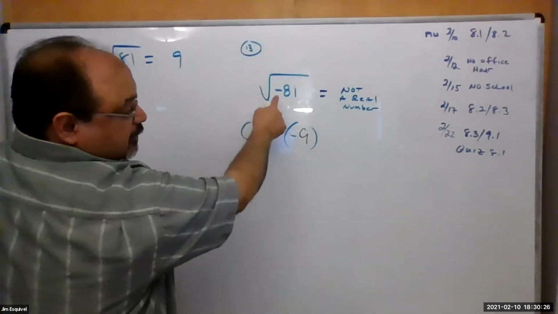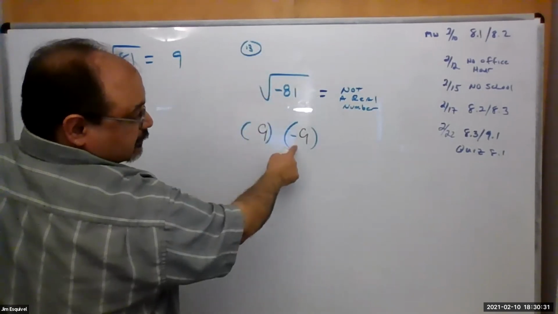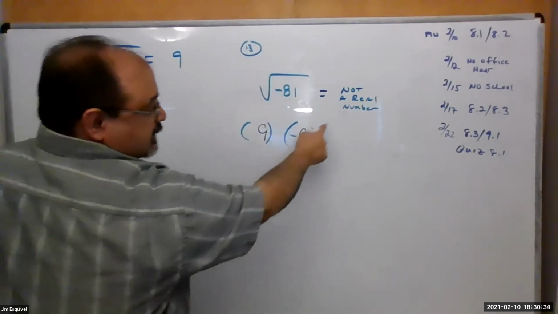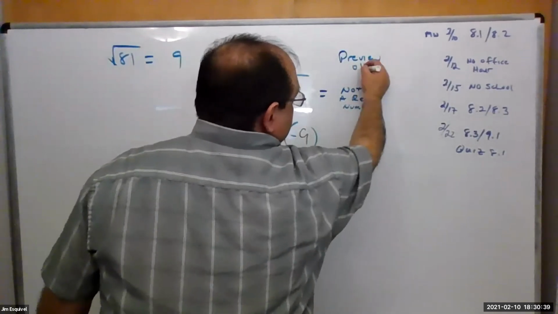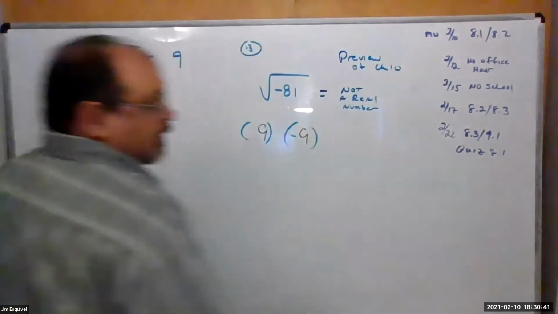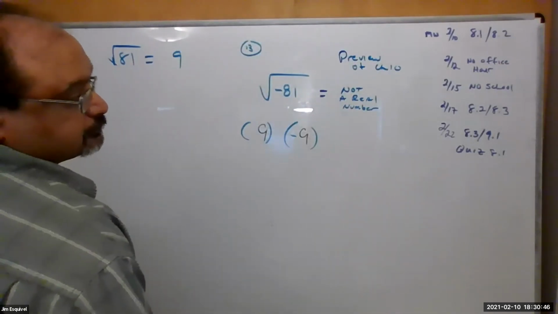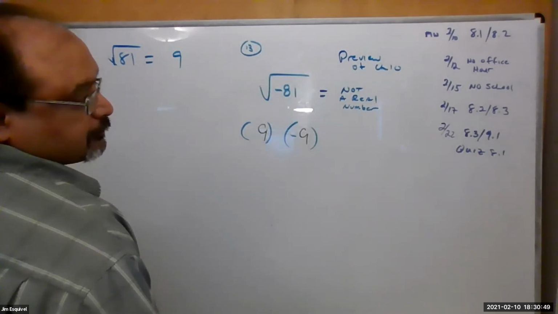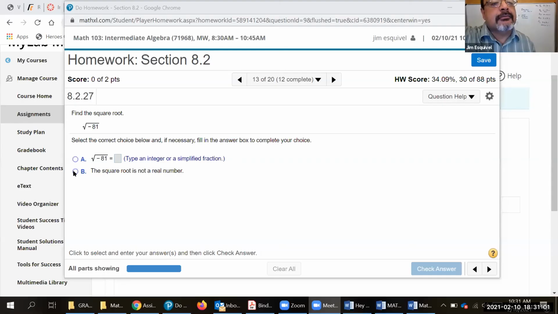There is no real number that exists that will equal a negative when you square it. And this is a preview of chapter 10, which is in a month. So it's just not a real number.